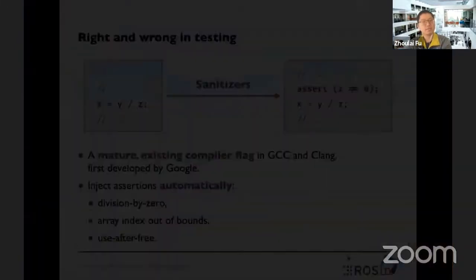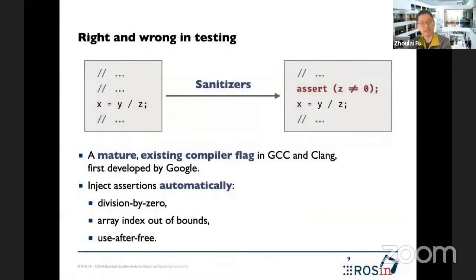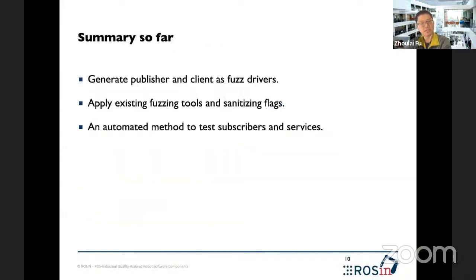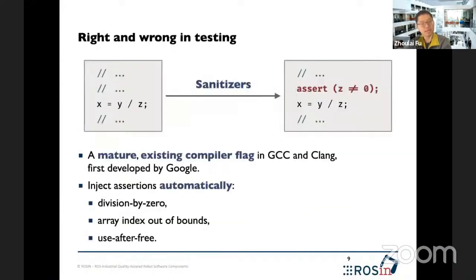It is an existing compiler flag in GCC and also in Clang. It was first developed by Google, and it is now widely used. I'm going to give a short demonstration on the sanitizers, because this is really important for our approach.